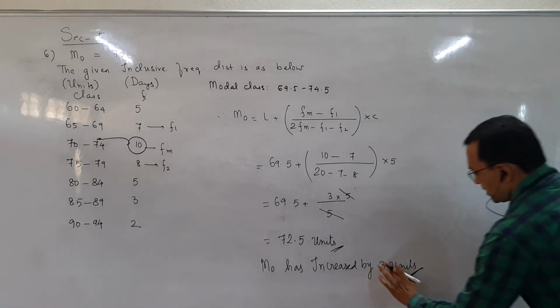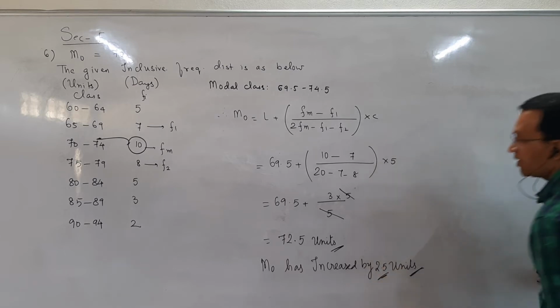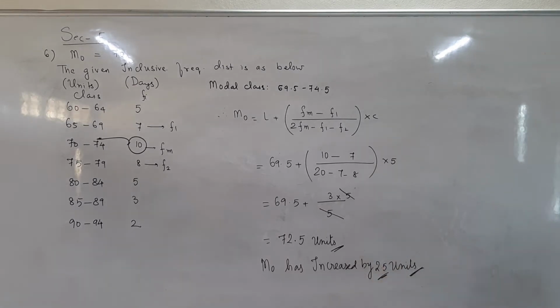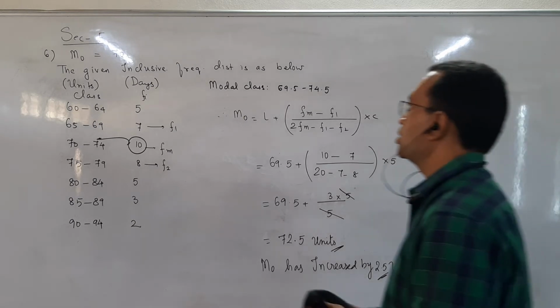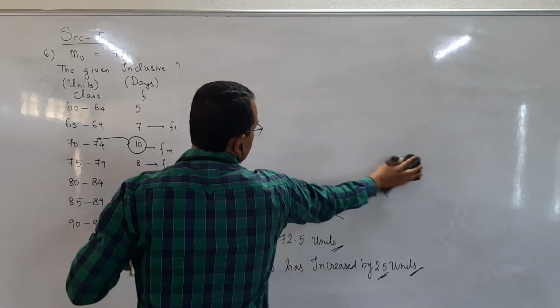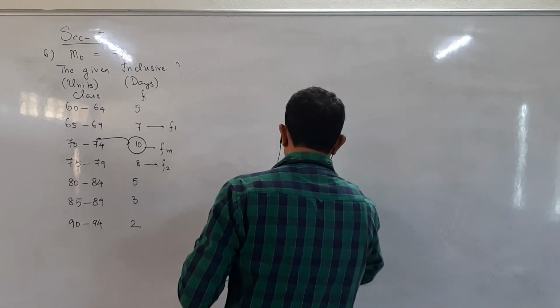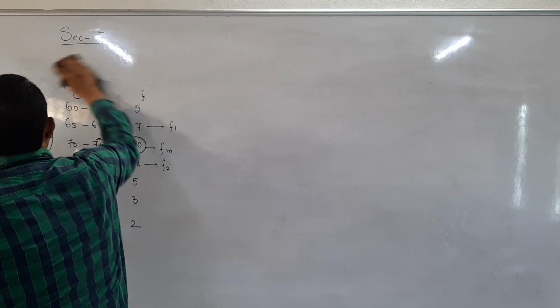Even we can write it as 2.5 units, which is fair. But number of items produced, generally we write in the rounded form. So indirectly, increased by 3 units. Even if you write 2.5 units, there is nothing wrong. So this sum is very, very easy, students. You can easily understand without any problem.